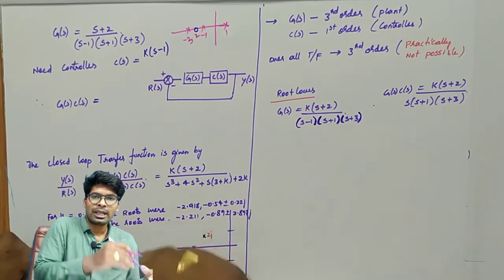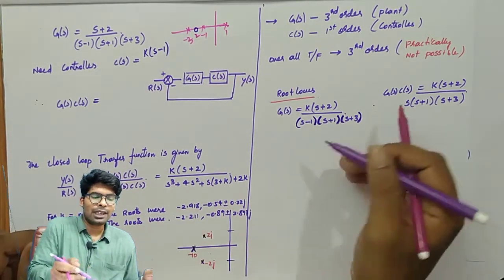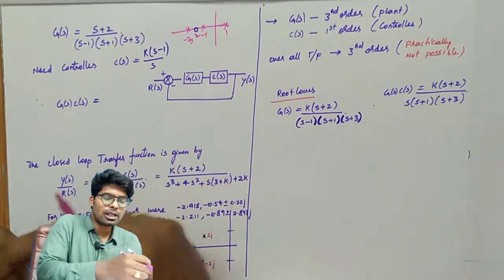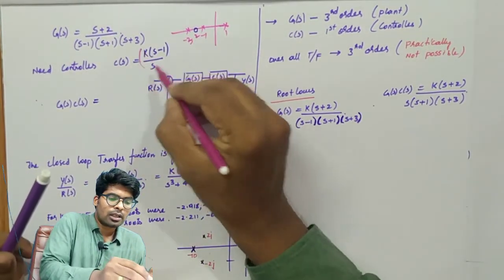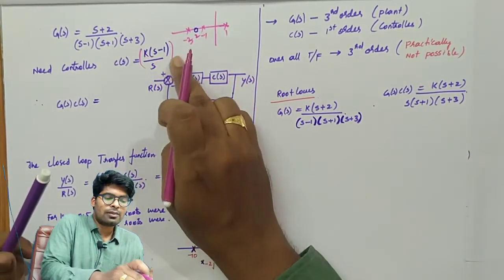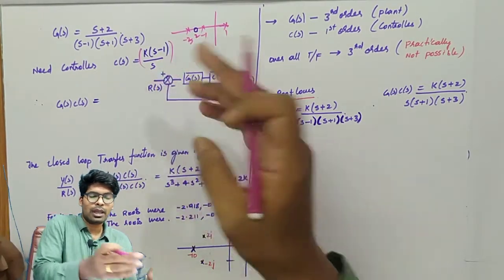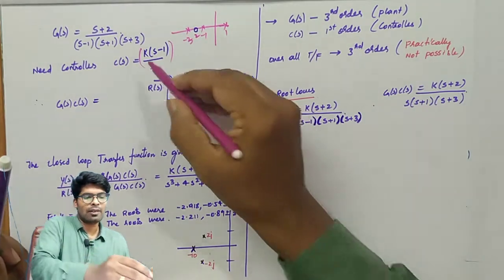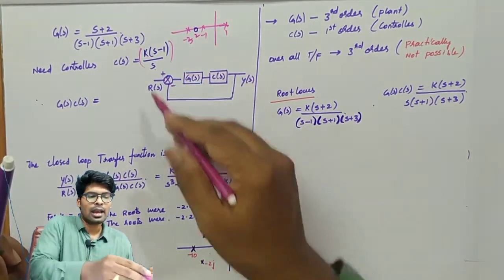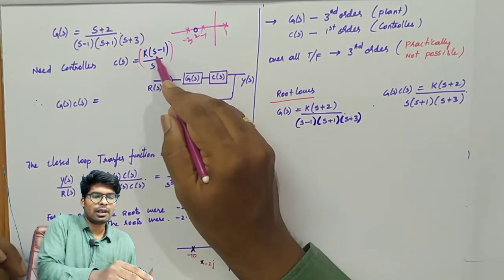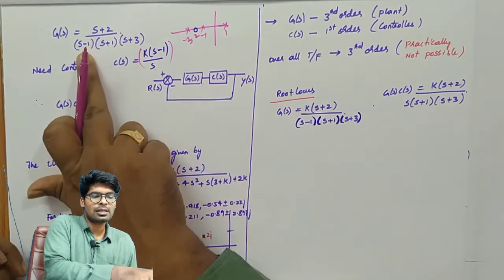Again, to reduce the steady state error, we keep an integrator, that is 1/s. So my proposal is the controller K into (s minus 1) by s. I am adding an integrator, so we have proportional, integral, and pole-zero cancellation. We keep one zero to cancel this pole.